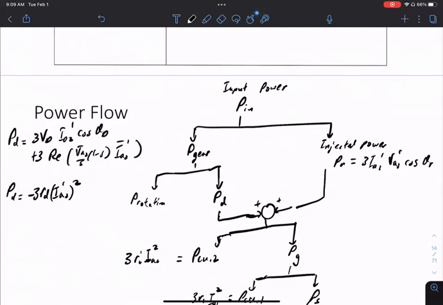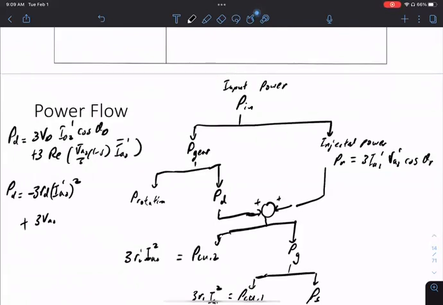This is as before, R times I squared, because they're always in phase. Plus 3 VA2 prime (S1 minus S) IA2 prime cosine theta R. This is our same equation, just identifying that these two will always be in phase. The phase difference across this current and voltage is still theta R.